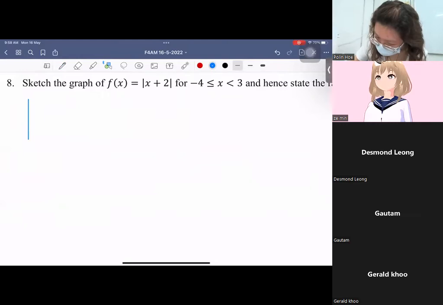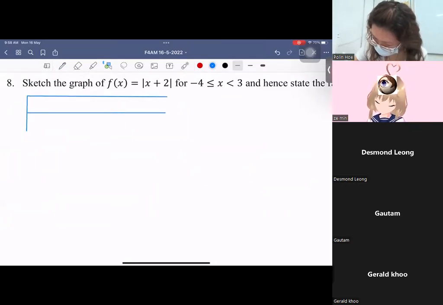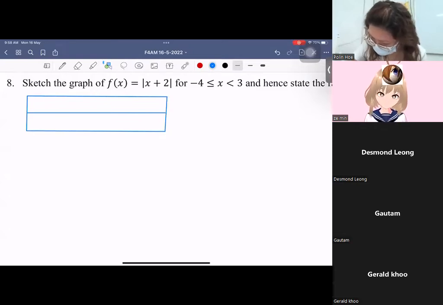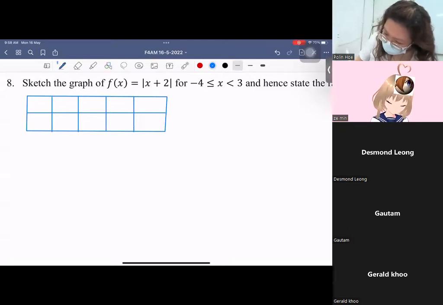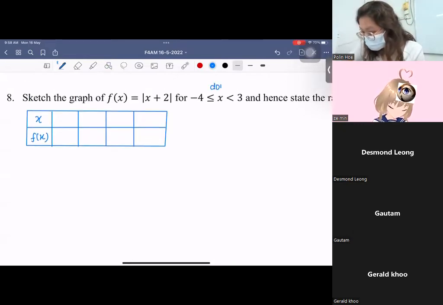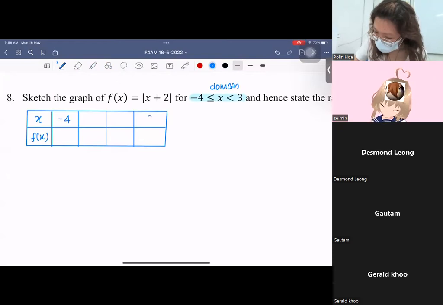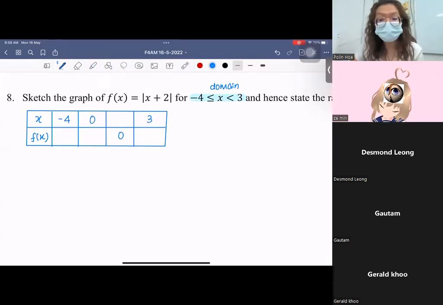Then the next one, x and f(x). The domain is between -4 and 3. So -4 and 3, 0, 0.